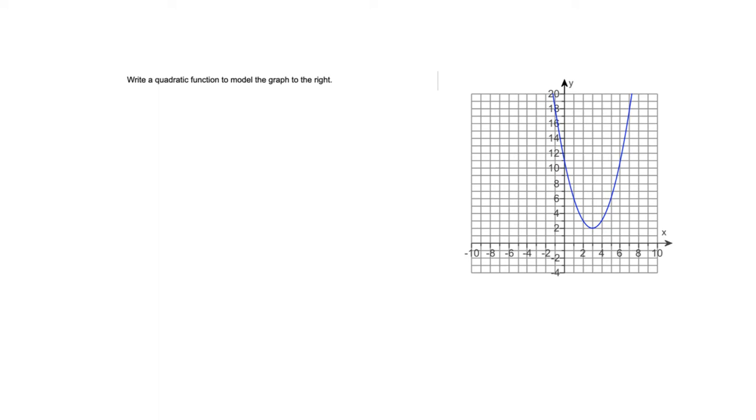Now, number 3, you're looking for the function. So again, we need our g of x equals a times x minus h. And this is a parabola, so you know it's going to be x minus h to the second power plus k. So you just have to figure out what your vertex is, and that will give you your h comma k.